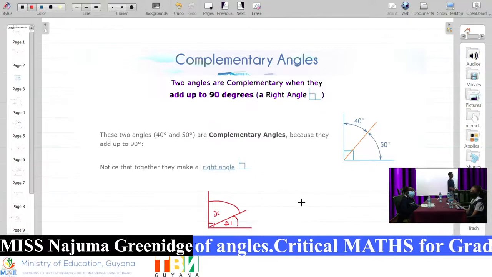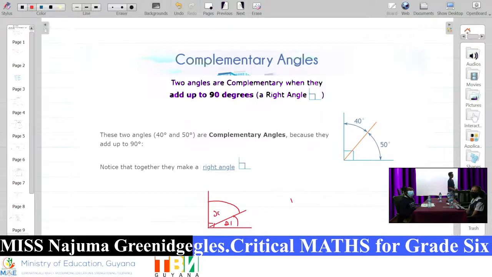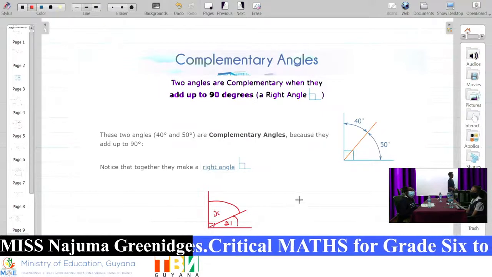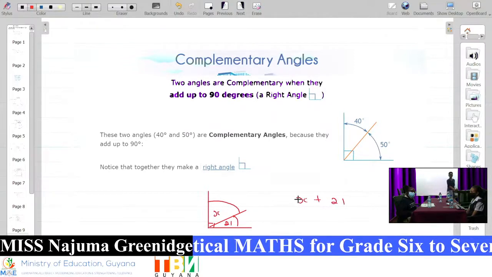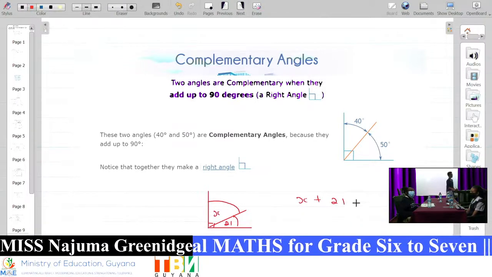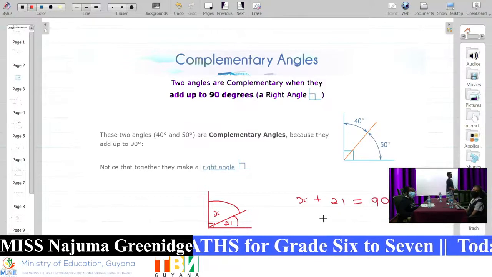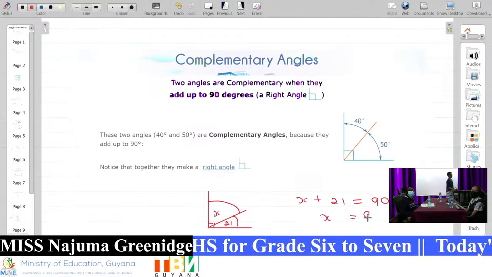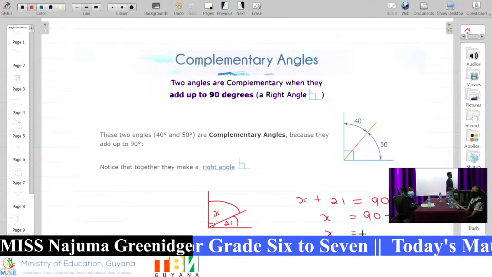So you can write it in an equation format like this. X plus 21, so the unknown plus the known gives us a total of 90. And so our unknown would be 90 minus 21. So the unknown is what?